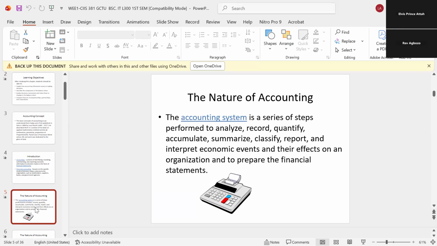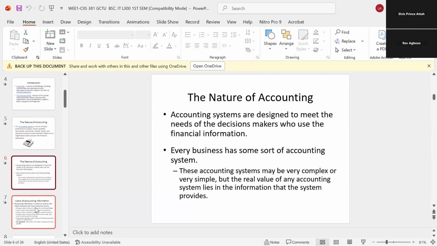Don't forget that accounting basically records past transactions and past issues, things that have already happened. That is the type of information accounting records.